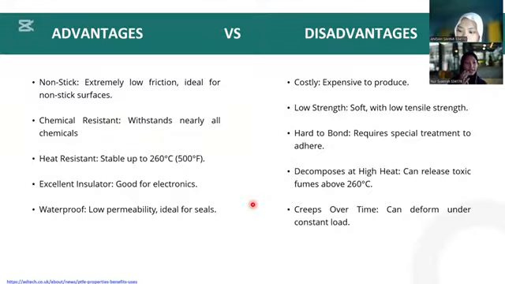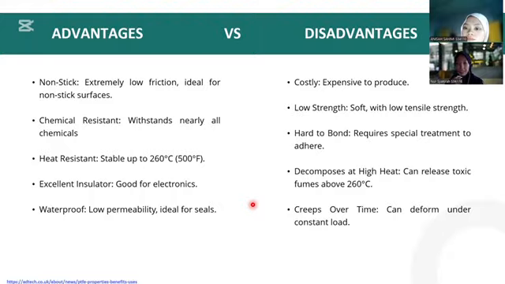It also has chemical resistance, where it withstands nearly all chemicals. It also has heat resistance. It's stable up to 200 to 260 degrees. It's also an excellent insulator, which is good for electronic and electric. And it also is waterproof, with its low permeability, ideal for seals.